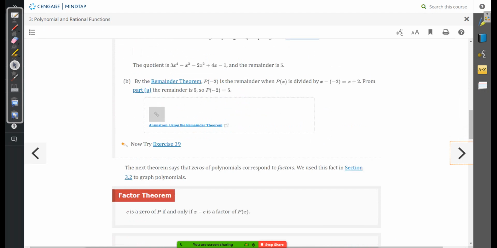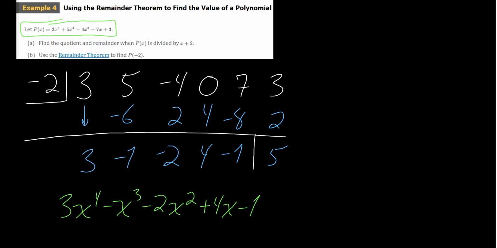Lucky for us, it doesn't actually do it, but you're more than welcome to put it into your calculator. I have a pretty good calculator, and I told you I use Math Lab on my phone. All I would do here is write P of -2.